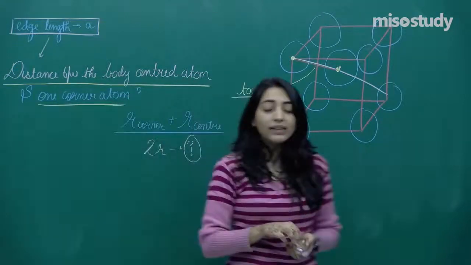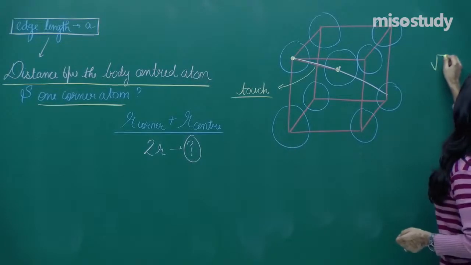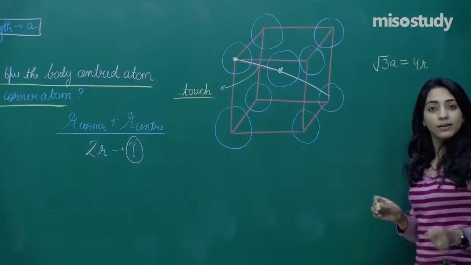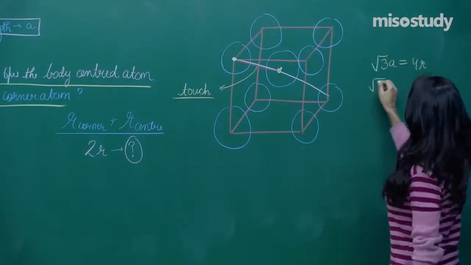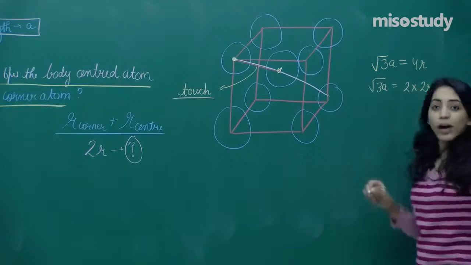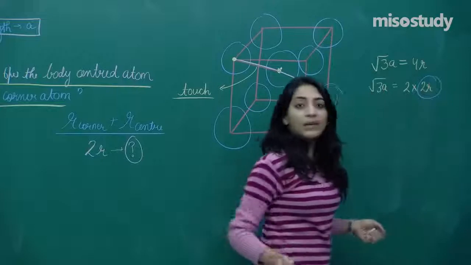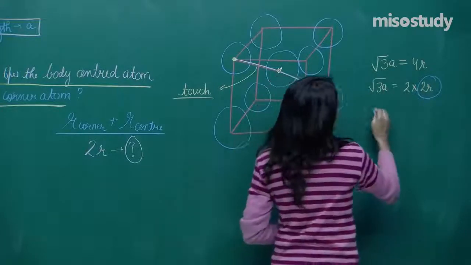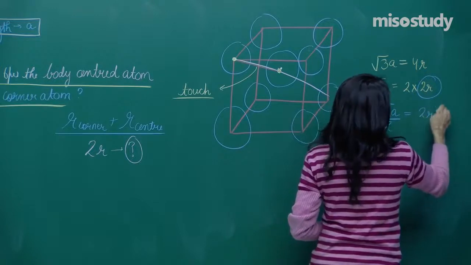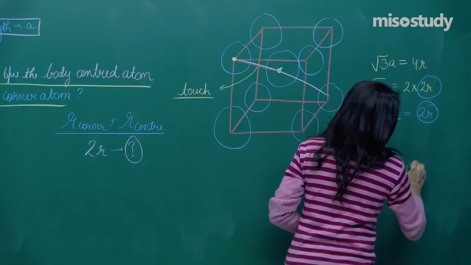So guys, from the previous question, now you realize, right, that root 3 a is equal to 4r, right? But if I write root 3 a, can I write it to be 2r? We need to calculate the final value of 2r. So this should be root 3 a divided by 2. And this is the answer.